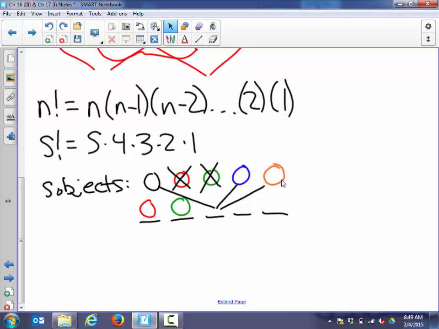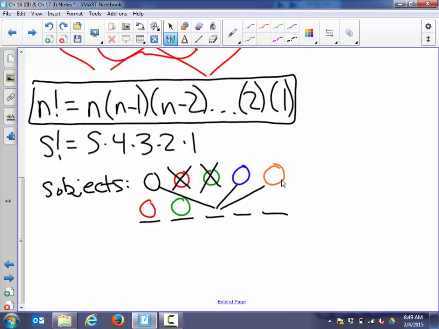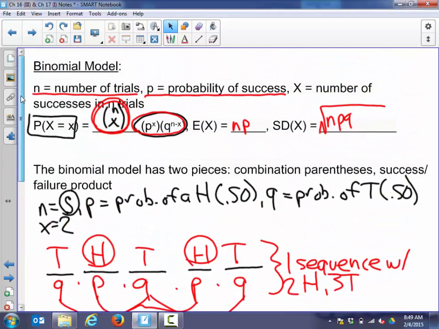So notice that red followed by green would be a different way than green followed by red, because that would be one of the different 5 objects filling that first slot, one of the different 4 objects filling the second. So a factorial tells us the number of ways we can arrange n objects. So n factorial would tell us, if you have n things, the number of ways you can arrange those in order in n positions.